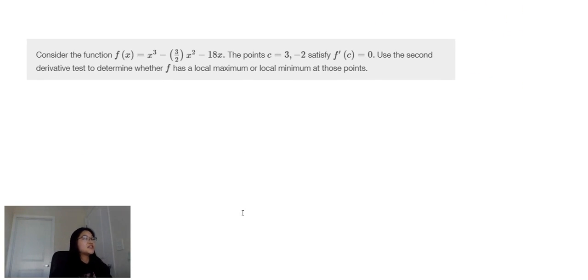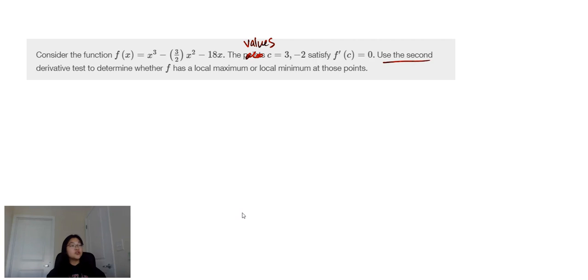So, let's consider this function. f of x equals x cubed minus 3 halves x squared minus 18. We are given that the values c equals 3 and negative 2 satisfy f prime of c equals 0.